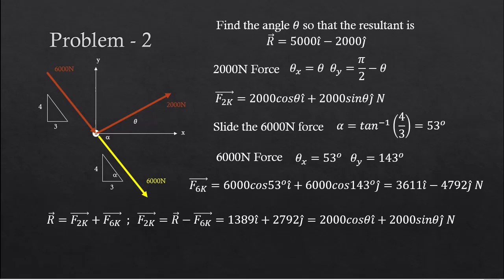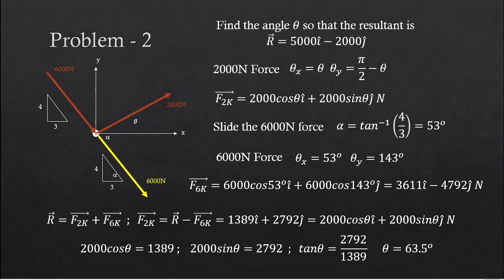R is given here. F6k we calculated here, so we can find F2k as this. But we also know that F2k is this from here.